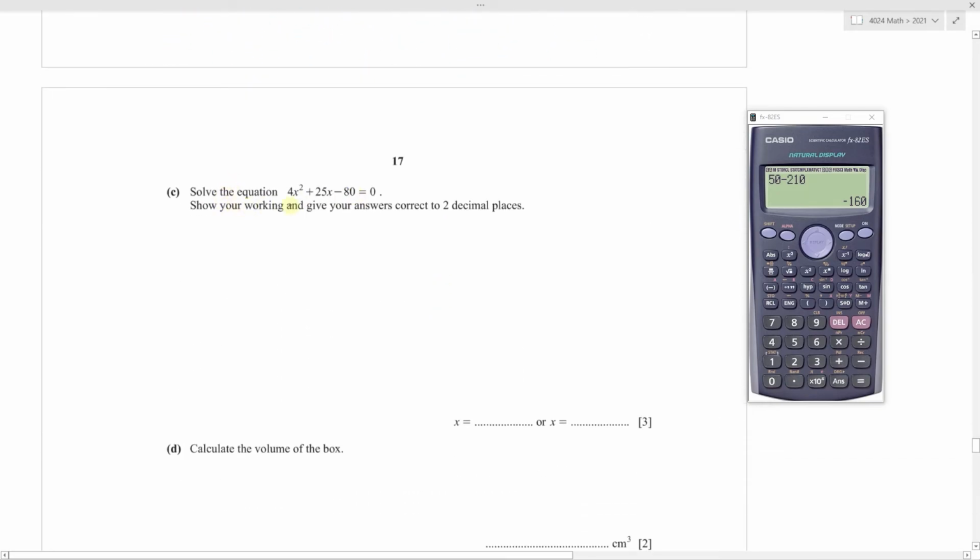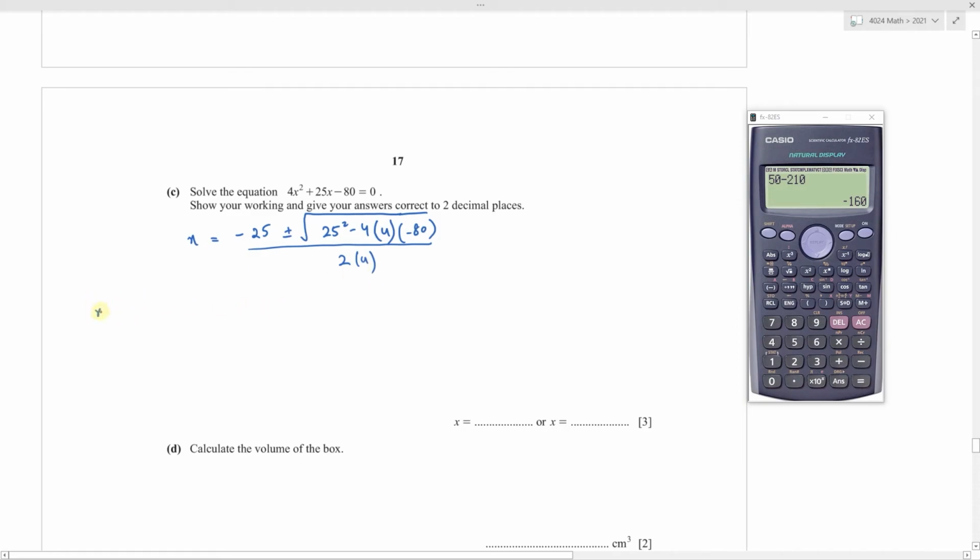Part C is you have to solve the equation giving your answer correct to 2 decimal places. So I'll use the quadratic formula to find the value of x. So you will have minus b, here b is 25, plus minus square root of b squared minus 4AC, A is 4, C is minus 80, divided by 2 times A, here A is 4.